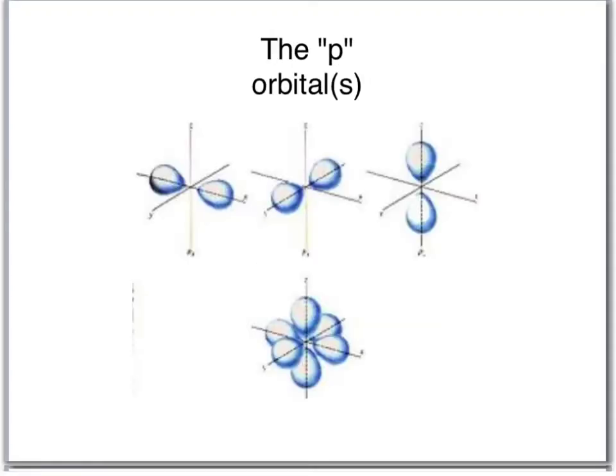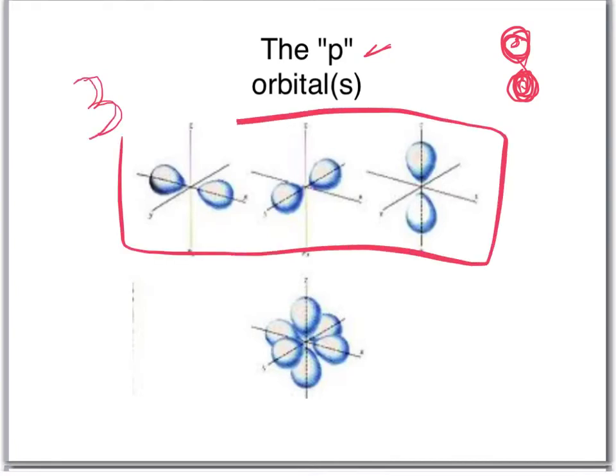Okay, that second type of orbital, P, looks like a dumbbell. You know, like a figure eight sort of. There's two lobes on it, in other words. And since it has two aspects to it, it can be oriented in three different ways on the coordinate axes.